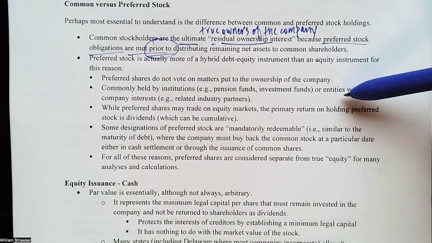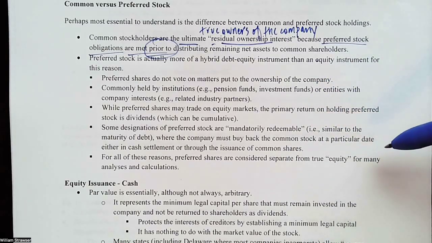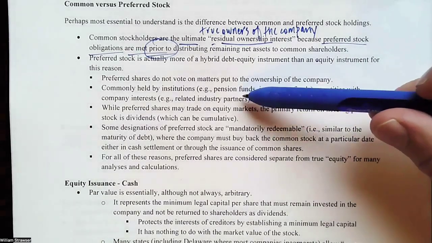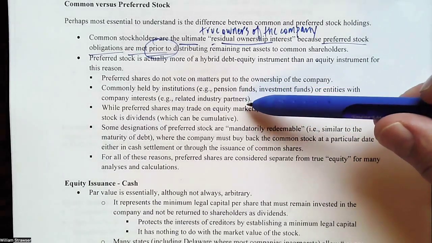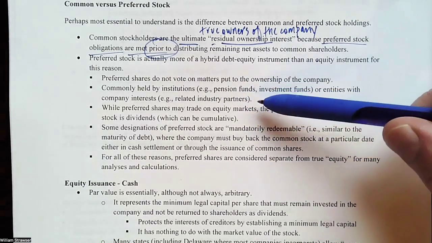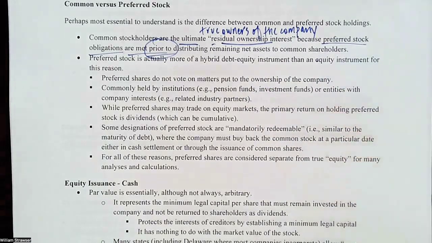A lot of these shares are held by a different clientele on average. Pension funds, investment funds, entities with company interests, like some related business partners, joint ventures, right? This might be funding coming from another company entity that we are joining forces with in our operations.